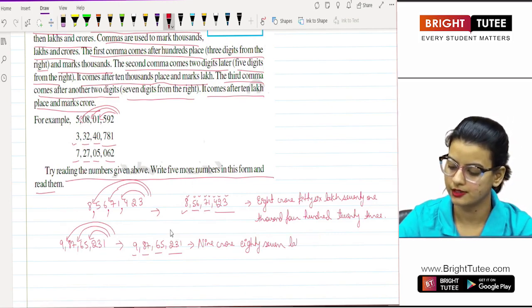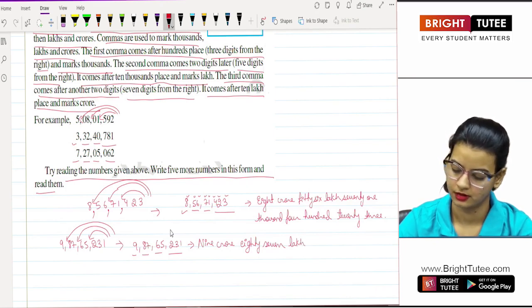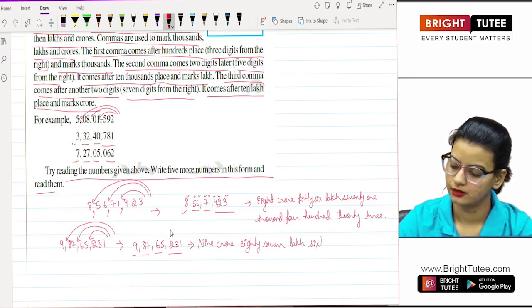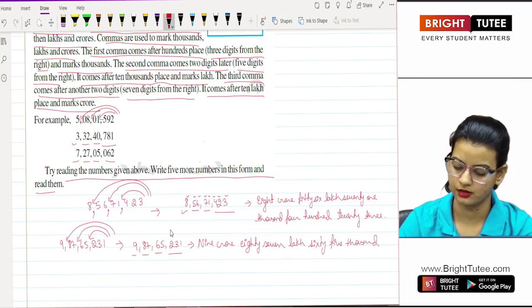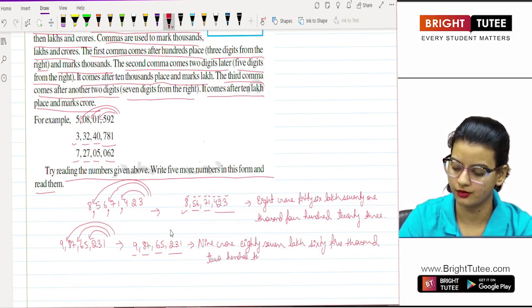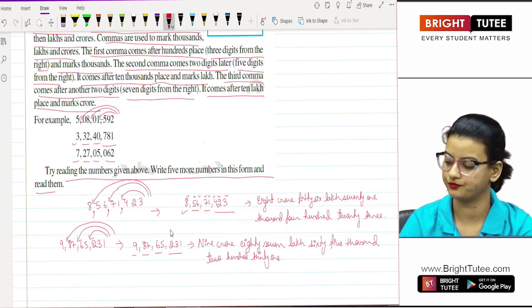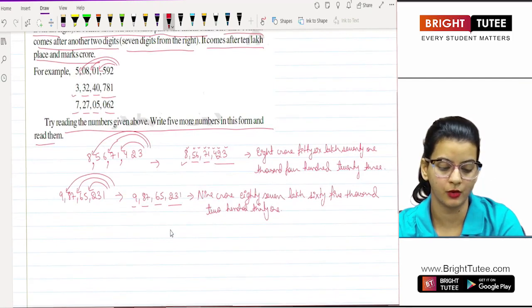This is 87 lakh 65,000 231. Okay, right. Now let's see some more examples.